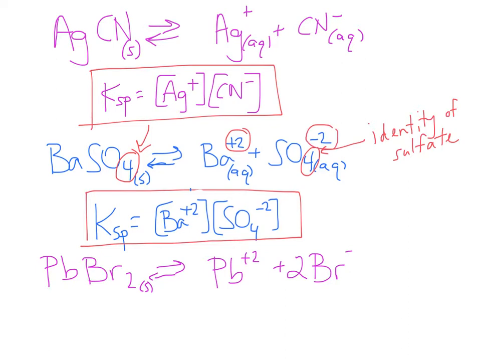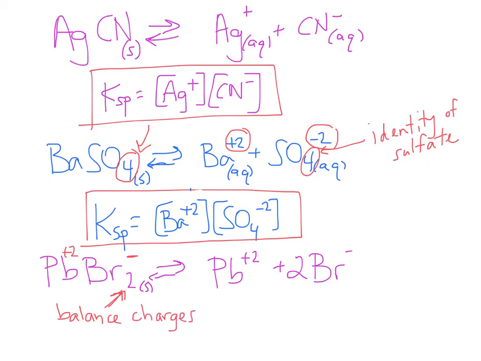But when we look at PbBr2, what is that 2 there for? Well, I know that bromine is a -1, and since there's 2 of them, lead has to be a +2. So the reason that 2 is there is to balance charges. It's not because of the identity of bromine, it is there to balance charges.